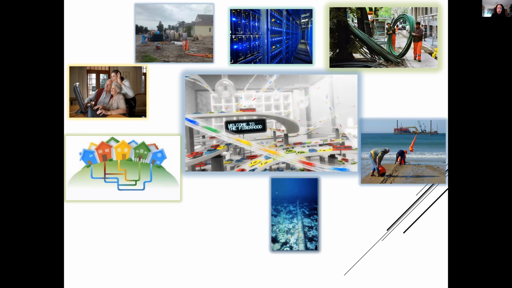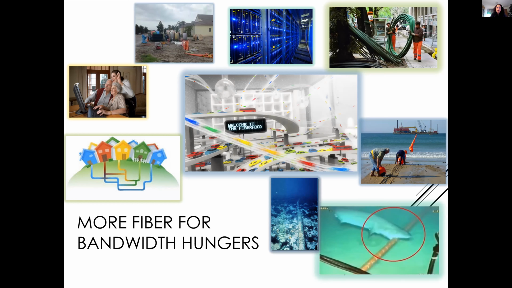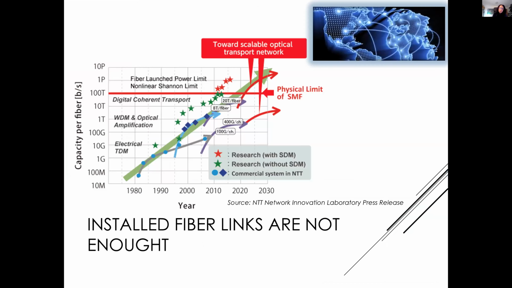So we need a lot of submarine cables, basically for what they call bandwidth hunger. You see here one example of a shark that is actually eating an optical cable. The traffic through the fiber is really increasing, and you see it is increasing exponentially here, starting from 1980.